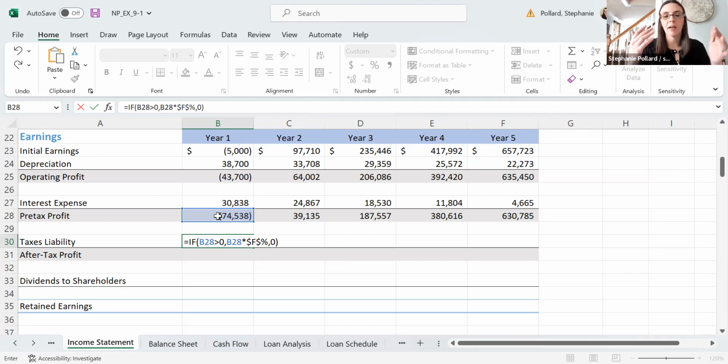So why am I using an if function here and not just a multiplication function? The reason is that if I have a negative income for the first year, I would not pay taxes on that, right? We don't want to multiply a negative number by the tax rate. It wouldn't make sense. So we're using an if function to say, only do this calculation if we made a profit.